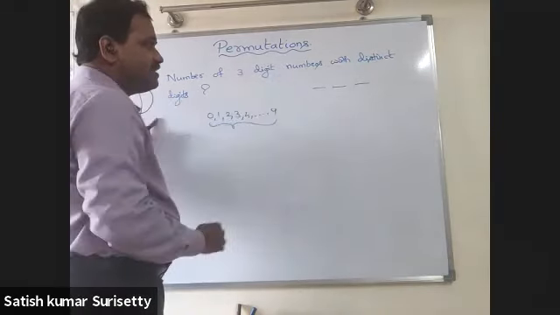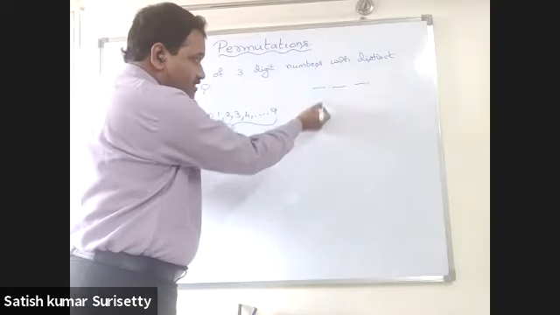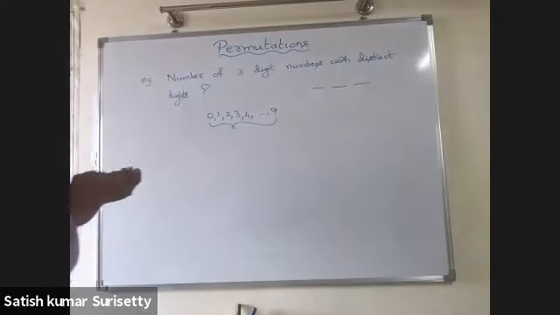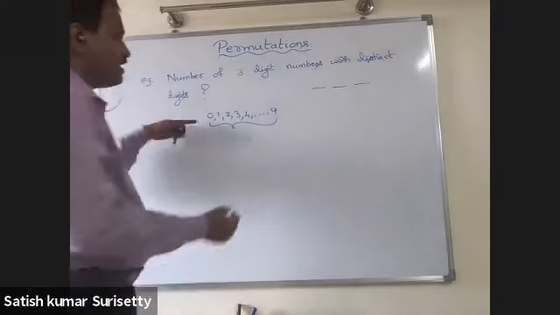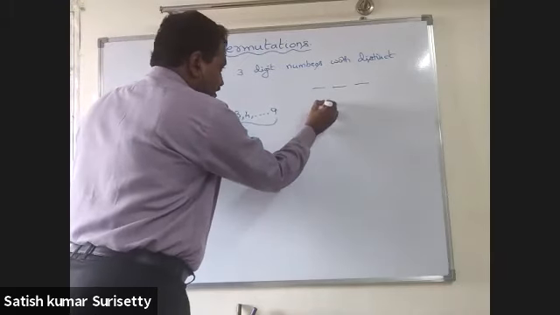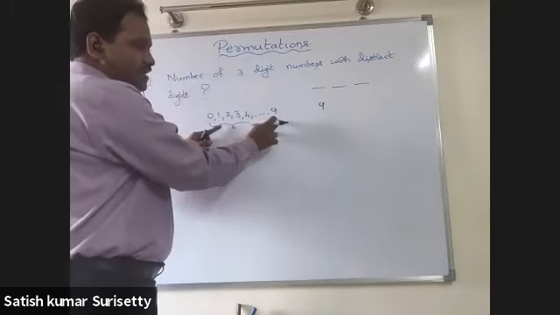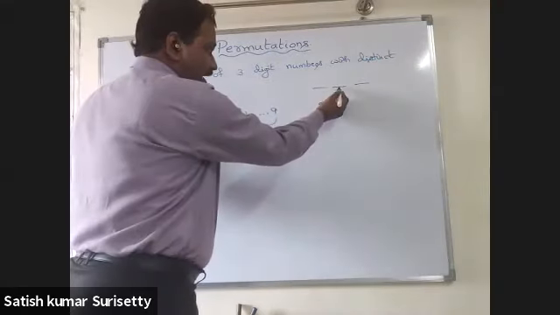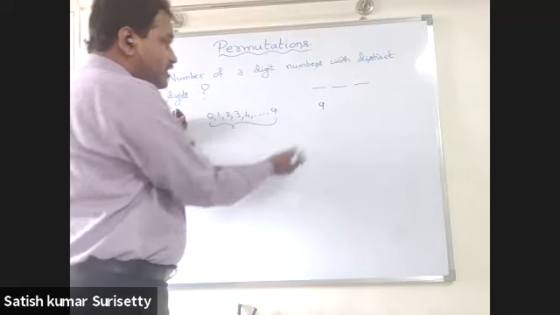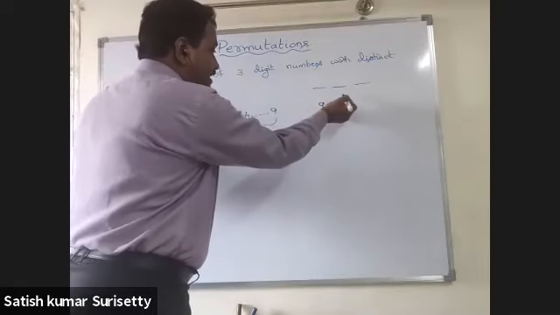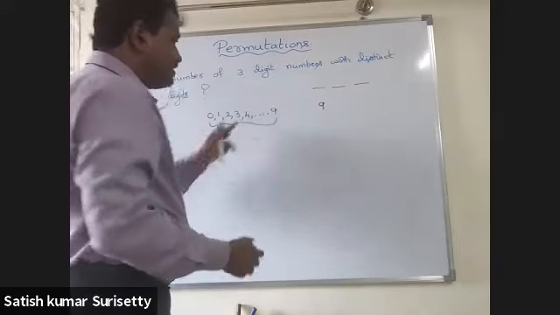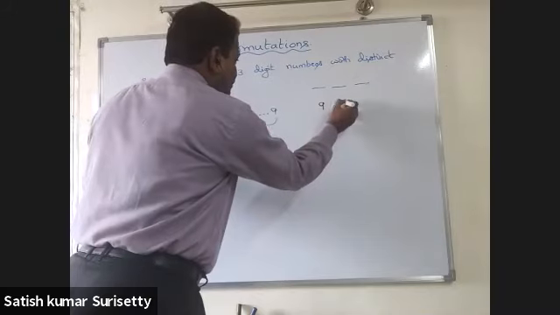When it is a 3-digit number, the first blank cannot start with a 0. So the possibilities of filling the first blank are 9, that is 1 to 9. Now in the second blank, 0 can come, but the digit which is used cannot be taken in the second blank. That means the number of ways of filling the second blank is again 9.